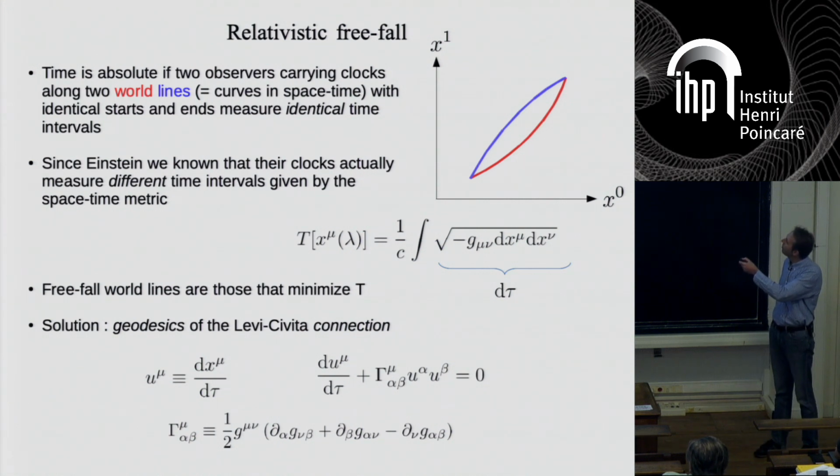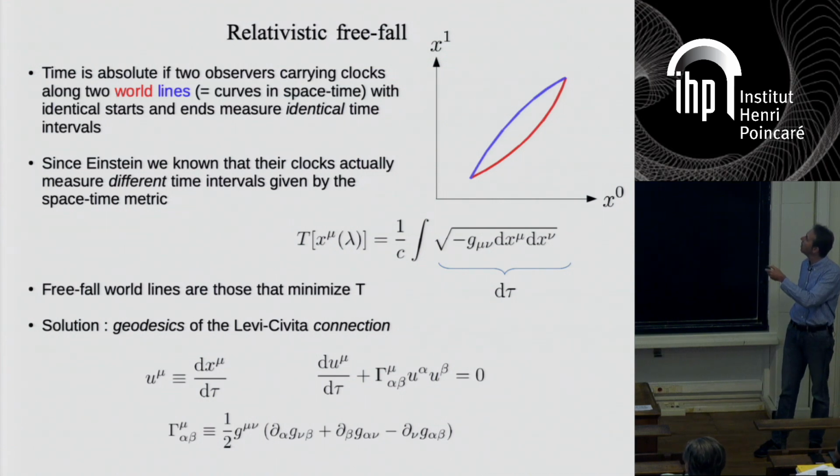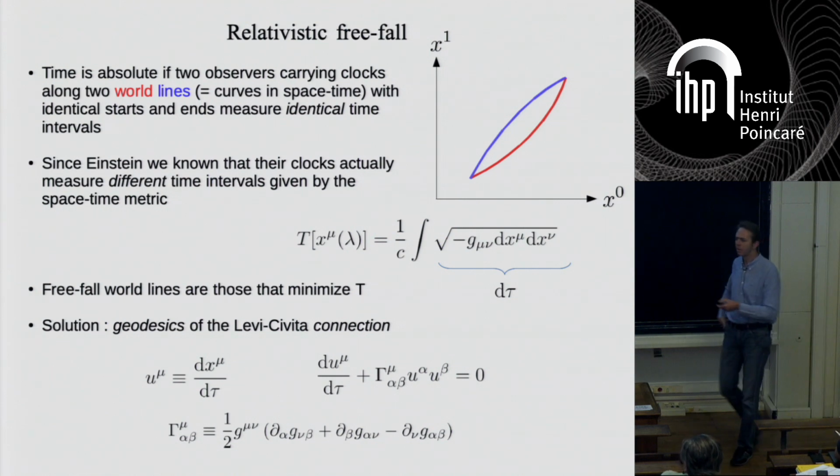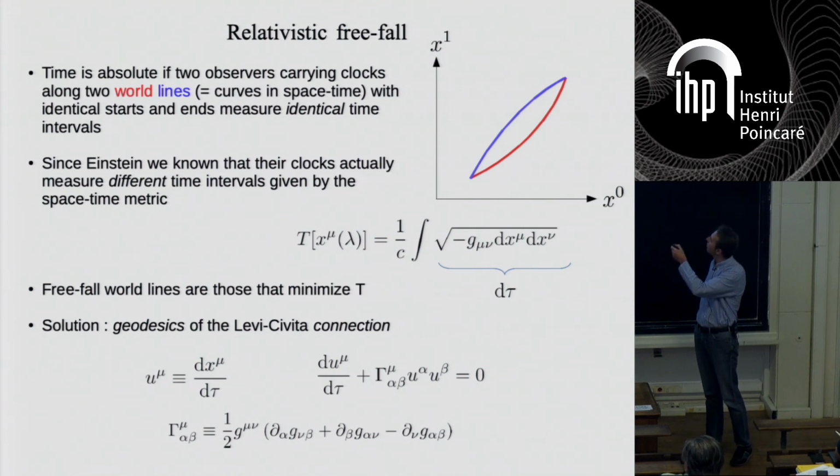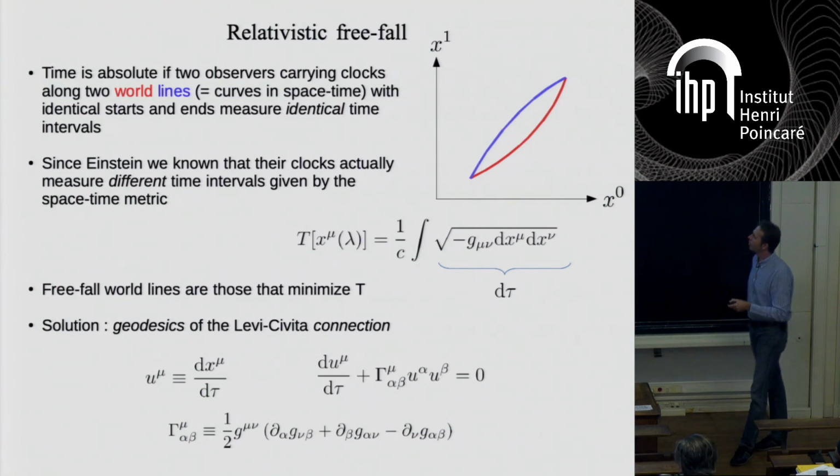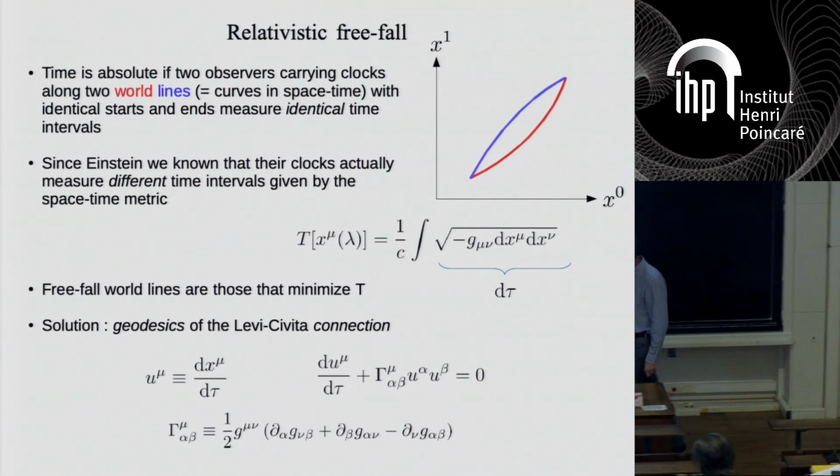So regarding free fall, this space-time metric gives us how fast the time elapses along a world line, but it also gives us the free fall trajectories. And the free fall trajectories are those that minimize this length, this proper time. So the equations of motion of free fall will be geodesics, with this gamma being the Christoffel symbol, but now in space-time instead of in space only.